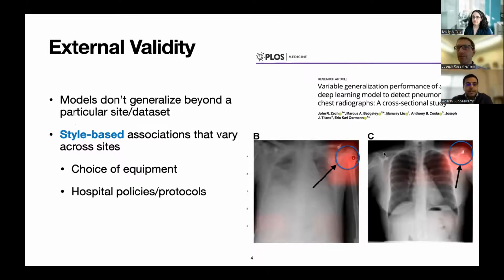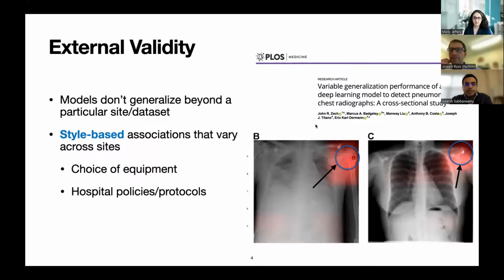One of the challenges, and the one our project revolves around, is the challenge of external validity. This is a problem in which a model doesn't generalize beyond the particular site, population, or data set that it was developed on. One example is a well-known paper by a group at Mount Sinai, where they developed a model to diagnose pneumonia from chest x-rays.